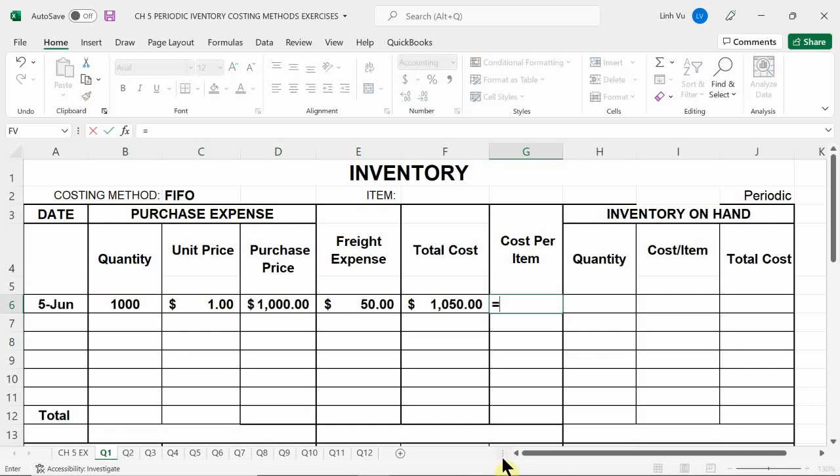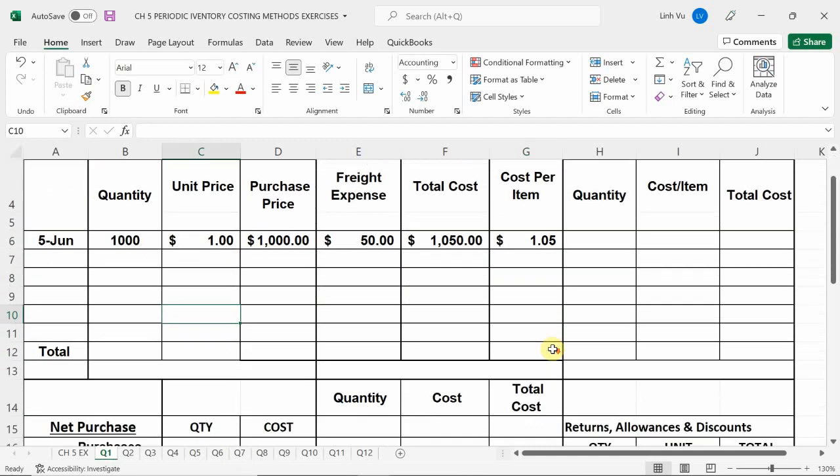In this case, I need to solve for my cost per item, which is your total cost of $1,050 divided by your total quantity of 1,000, and I get $1.05. That's my first batch of inventory.